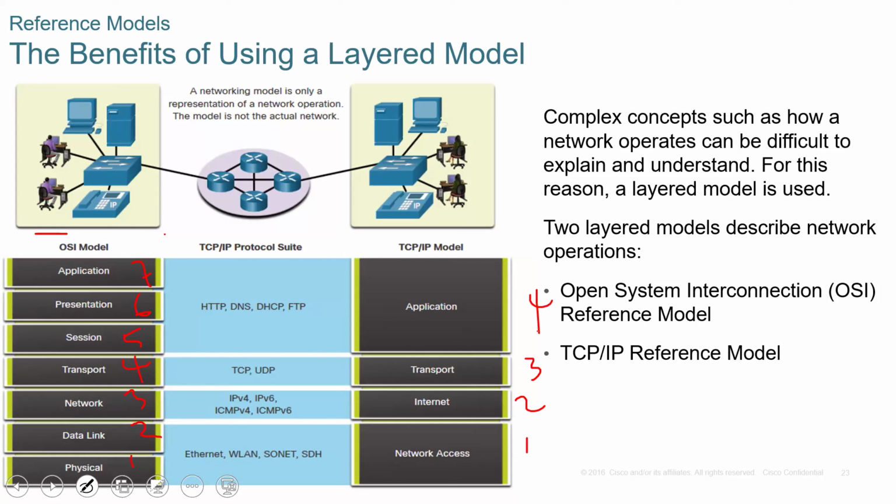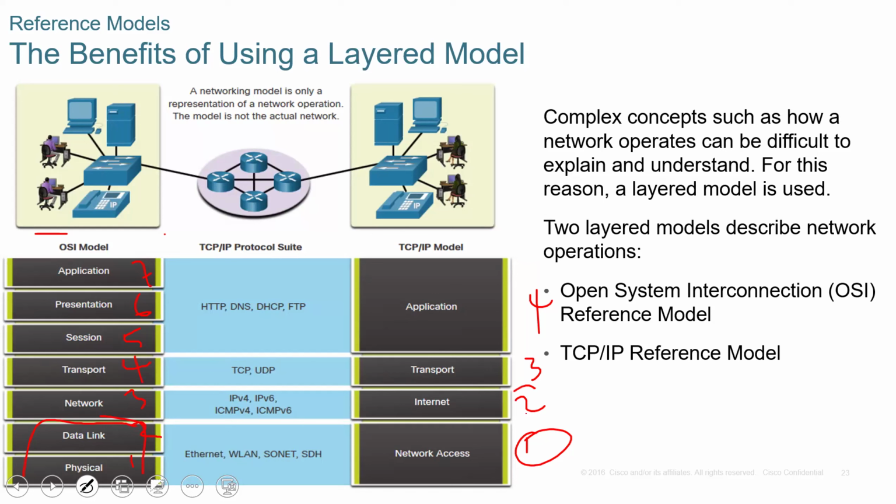You'll see that layer 1 of the TCP/IP corresponds to layer 1 and layer 2 of the OSI model, but they all do the same thing. They control what happens between your data and the network media, and how the data is formatted and interpreted. They run protocols like Ethernet, wireless LAN, SONET, and things like that.